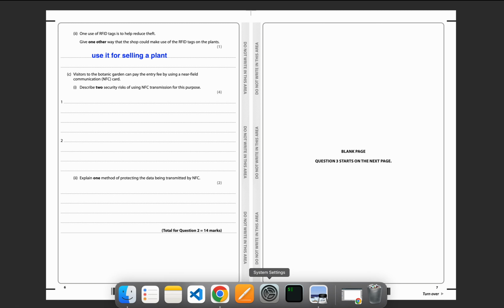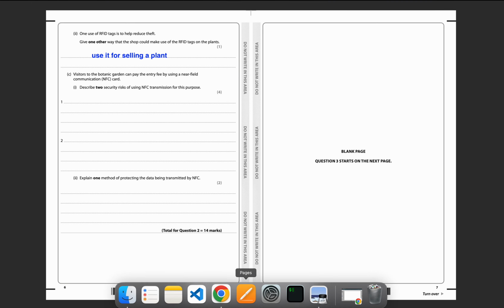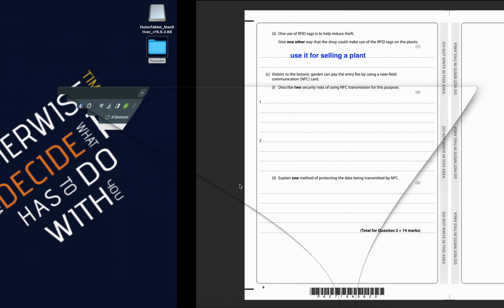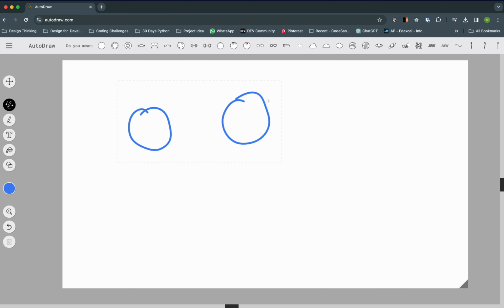So this one is the card, and this is the reader.